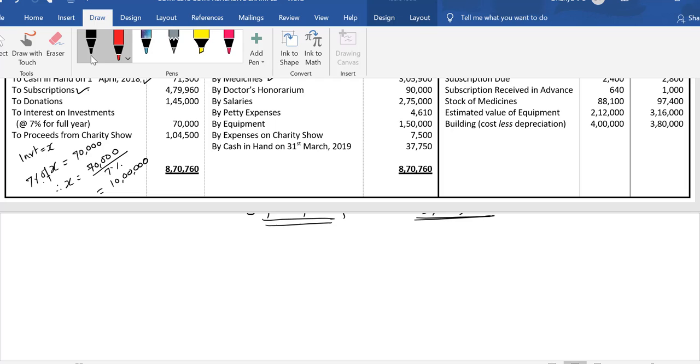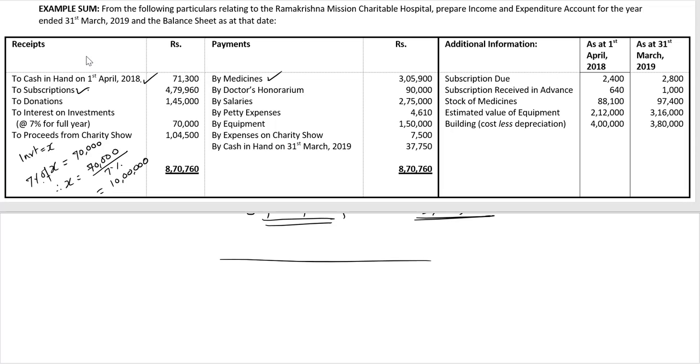The next working note is building. The opening balance, to balance brought down, 4 lakh rupees.